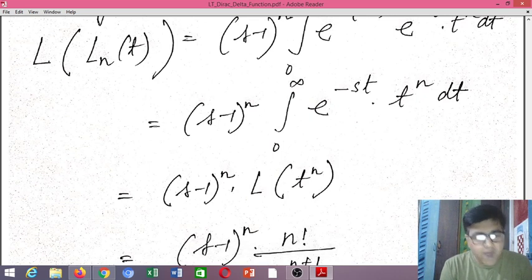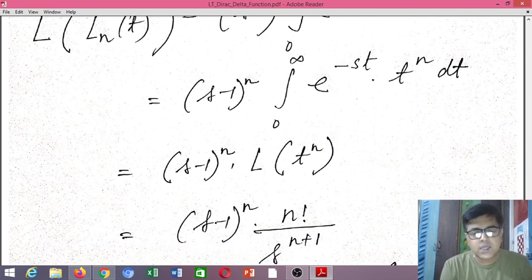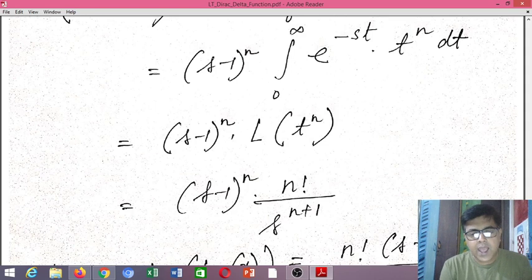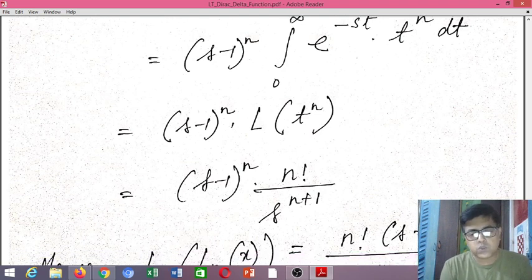So we finally get (s minus 1) to the power n into the Laplace transform of t to the power n. And the Laplace transform of t to the power n, all of you know, the result is n factorial by s to the power n plus 1. So we put that value over here and we eventually get (s minus 1) to the power n into n factorial by s to the power n plus 1.